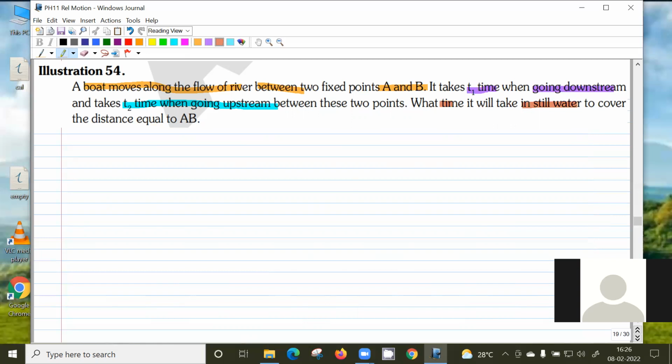Yes, sir. So what is downstream? Moving along the direction of the river. Okay, that will be easier. Upstream is moving in the direction opposite to the river flow. Yes, sir. So try this problem.